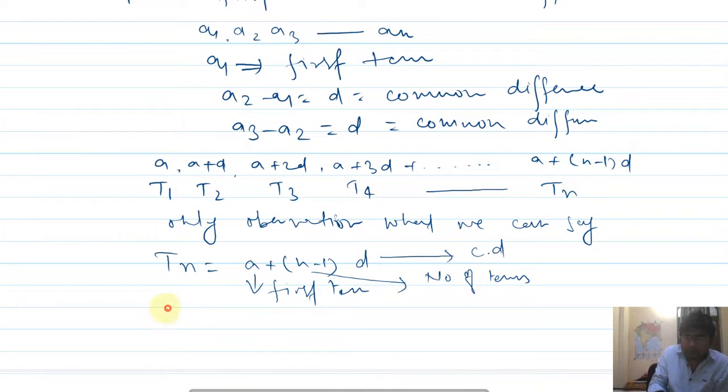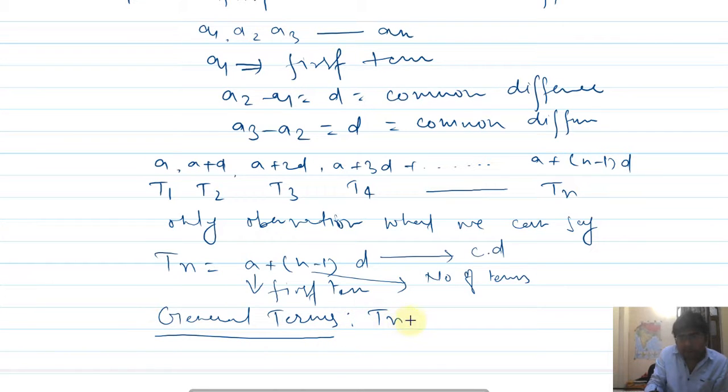And this is called the general term. So what is the general term? Denoted by Tn, and you can write a plus n minus 1 into d.